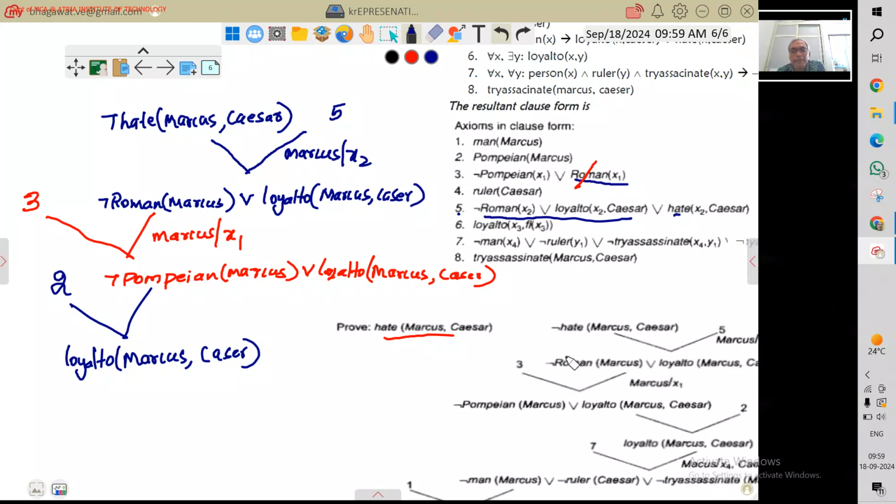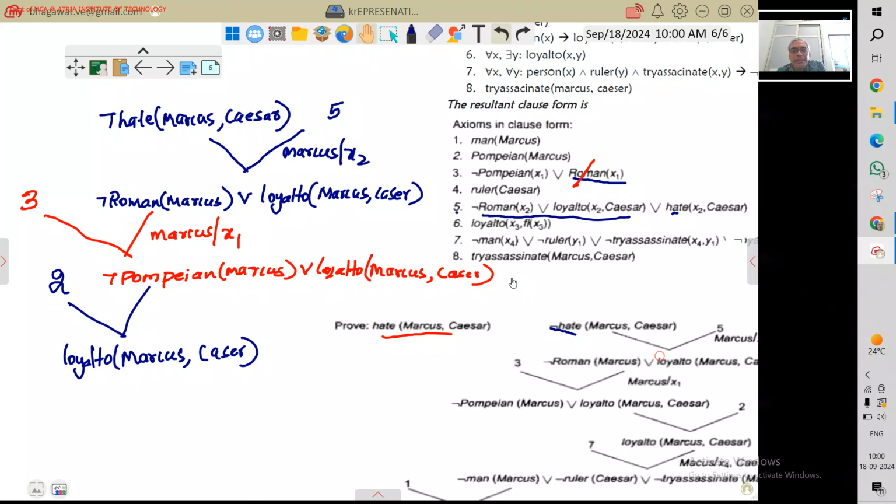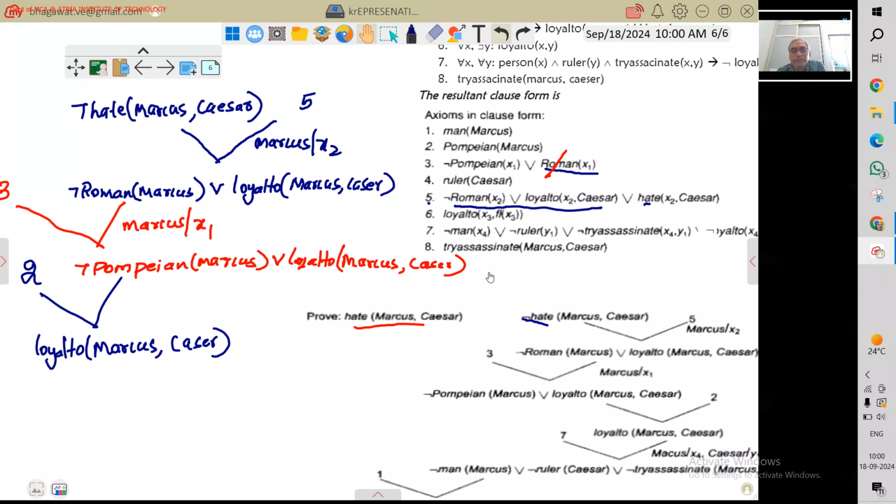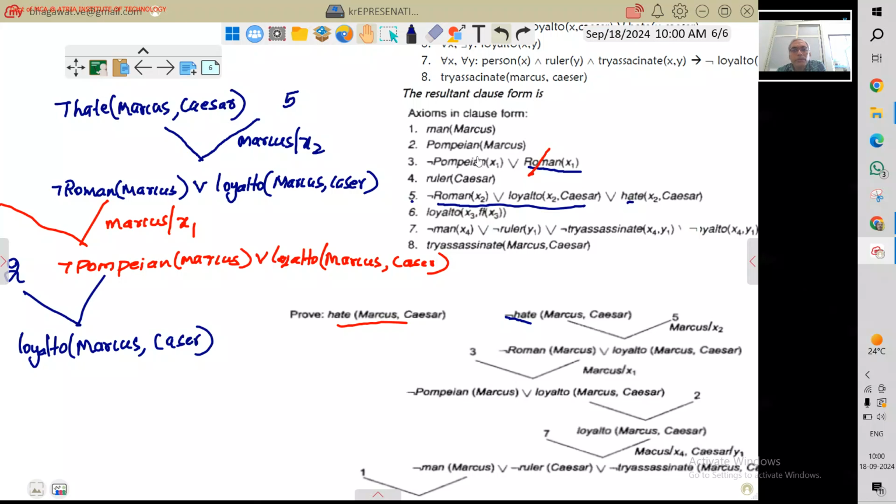Now further, again we should try to cancel. Loyal to Marcus, Caesar: can we cancel loyal to? If you look at these statements, where does loyal to come? In the fifth one we have loyal to, but we don't have the negation symbol, so we cannot cancel.